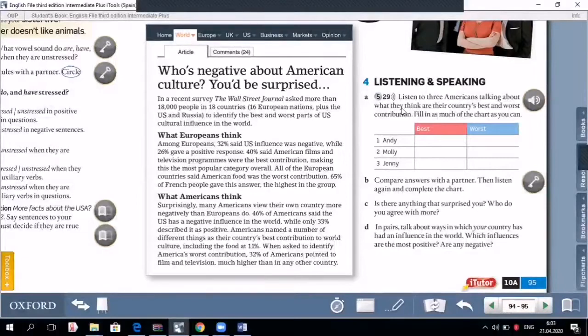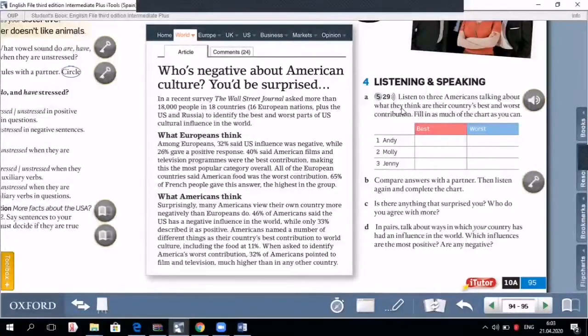Now let's take what Americans think. Surprisingly, many Americans view their own country more negatively than Europeans do. It's interesting, yeah? 46% of Americans said the US has a negative influence in the world, while 33% described it as positive.